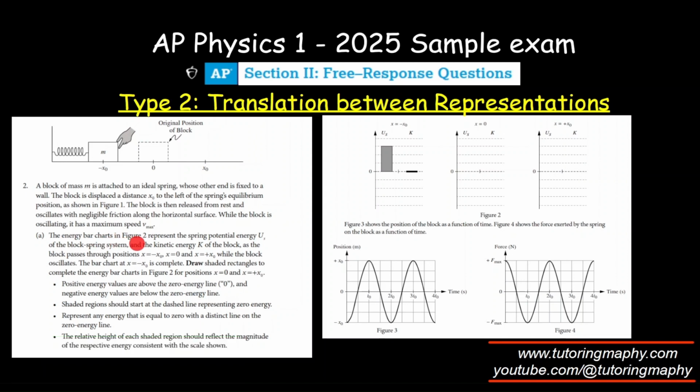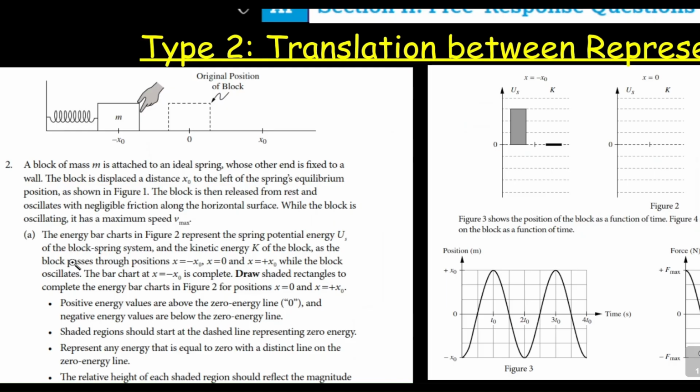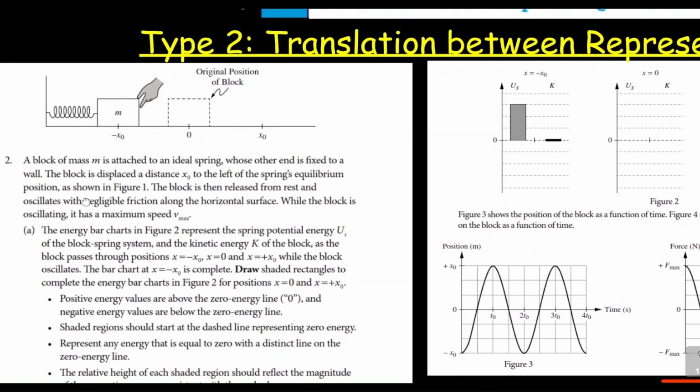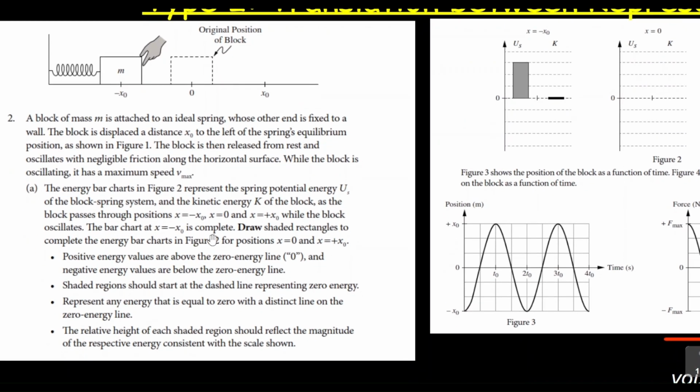The energy bar charts in figure 2, there you go, we have figure 2, represent the spring potential energy US of the block spring system, and the kinetic energy of the block as the block passes through the positions negative x naught, 0, and positive x naught while the block oscillates. Now the bar chart at x equal to minus x naught is complete.